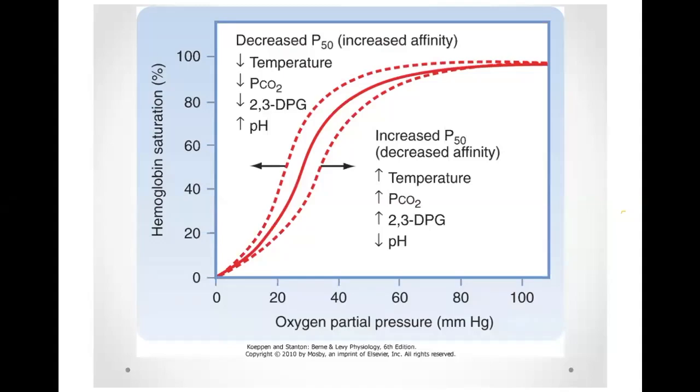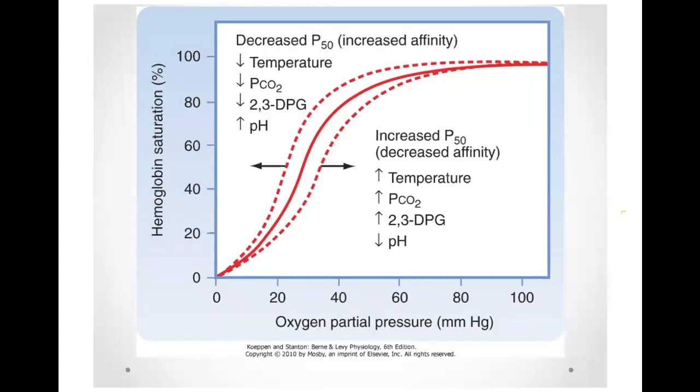Now, if you notice the shift to the left, which is on your upper left, the shift to the left is caused by conditions wherein oxygen is enough and there is increased affinity.